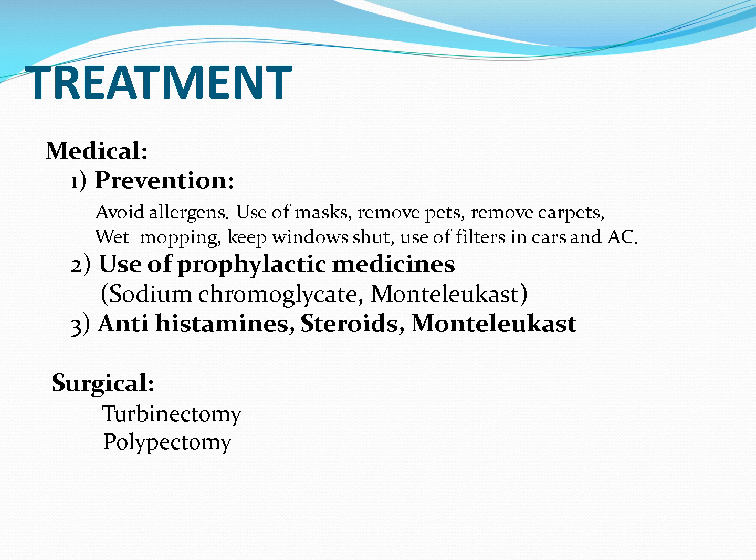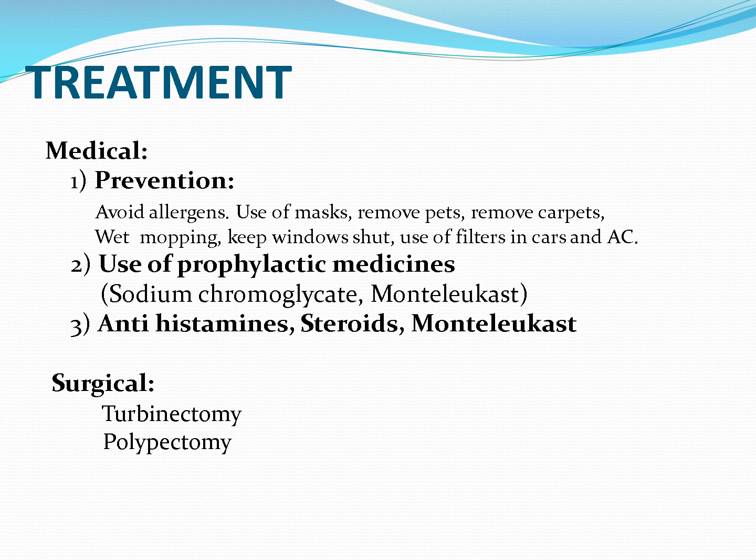Avoid allergens by using masks, remove pets from the house, use leather sofas, and do wet mopping. Keep windows shut during spring season or pollen season, and use filters in cars and AC to avoid allergy to some fungi. Prophylactic medicines can be used: sodium cromoglycate and montelukast.